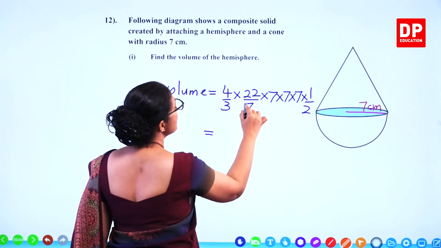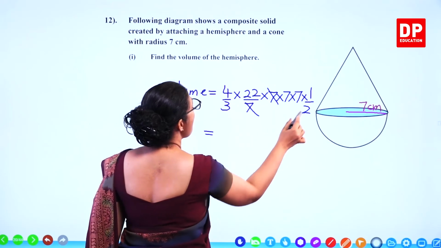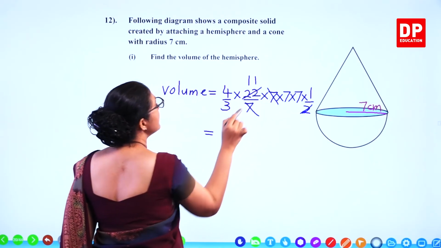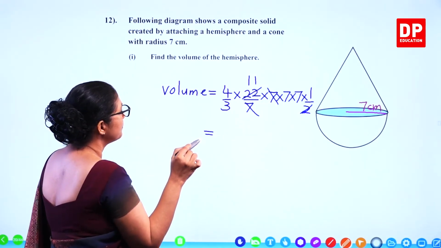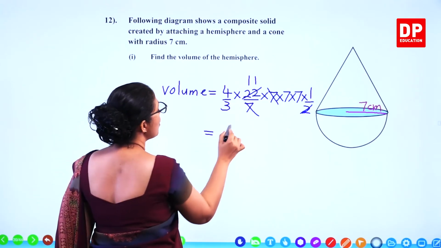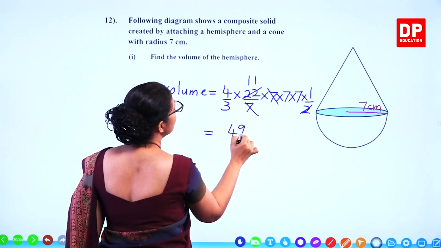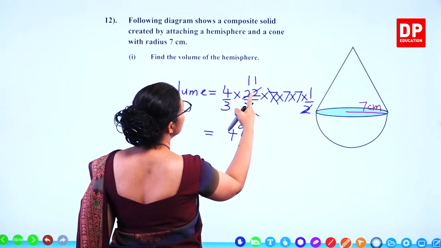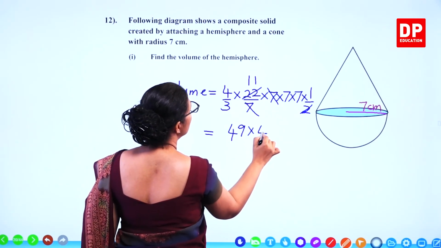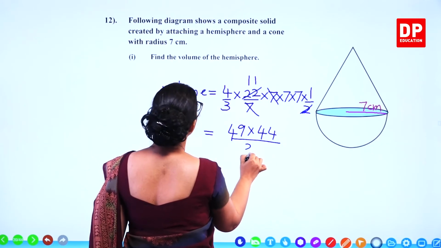So what's the value here? 7 gets cancelled out. This 2 with this 11. 7 times 7, 49, times 44 over 3.